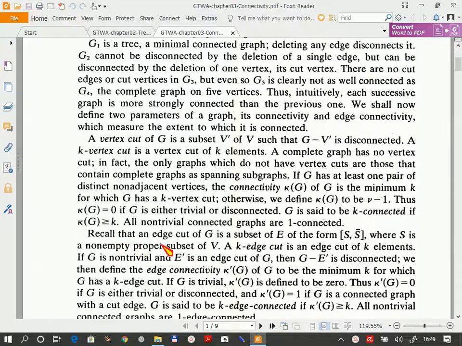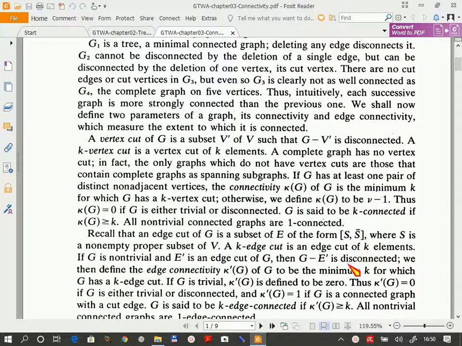And now we recall what an edge cut is. It is a subset of this form, [S, S bar], where S is a non-empty proper subset of V. So a certain set of vertices, and S bar is the complement, meaning all the other vertices which are not in S. This symbol means the set of all edges which have exactly one end in S and one end in S bar.